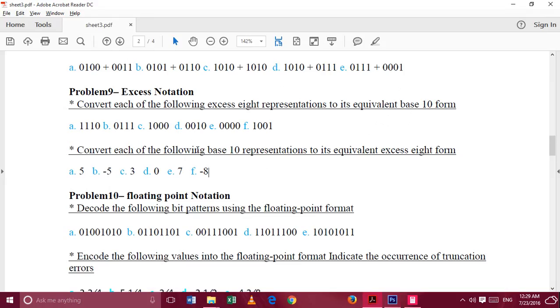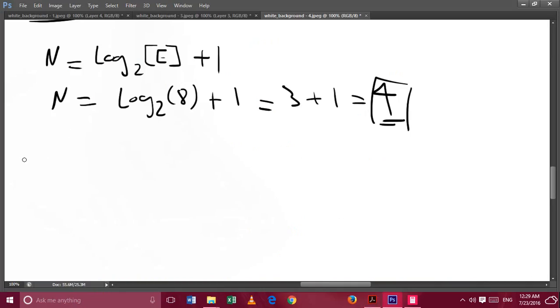Okay, so to convert from decimal to excess, let's start with, let's say, -8. First, you add the excess and then convert to unsigned binary. So -8 plus 8 equals 0. Okay? And then 0 in unsigned binary notation, 4 bits, is like this.